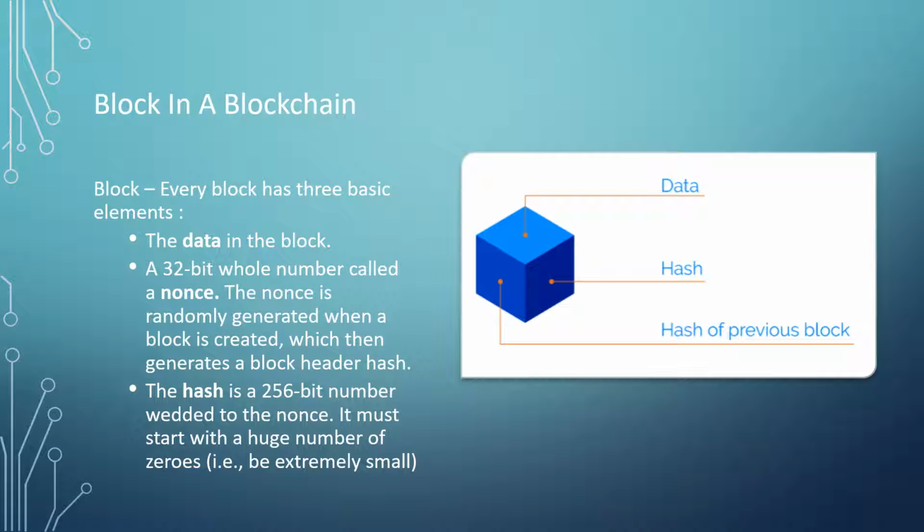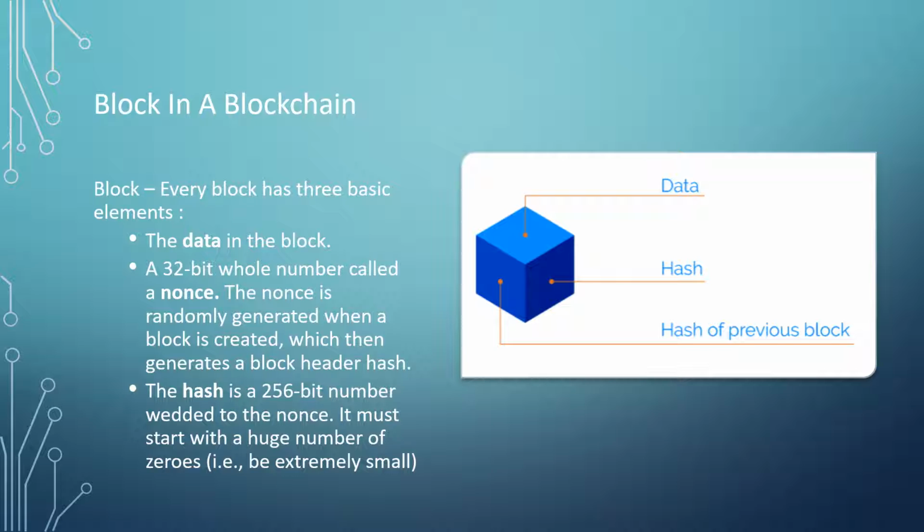Now the third and the final key element of a block is the hash of the previous block. It is stored in the block to connect the blocks and form a blockchain. Now, why is the hash of the previous block required? Let's say there are four blocks in a blockchain: block 1, block 2, block 3, block 4.